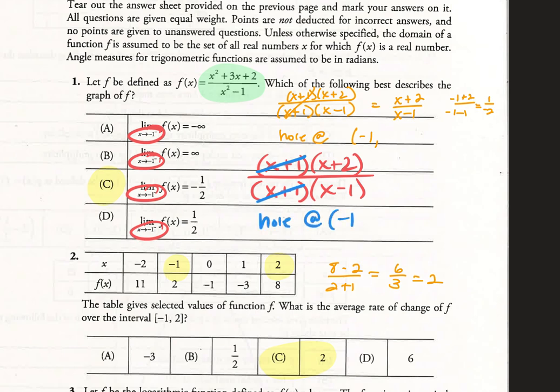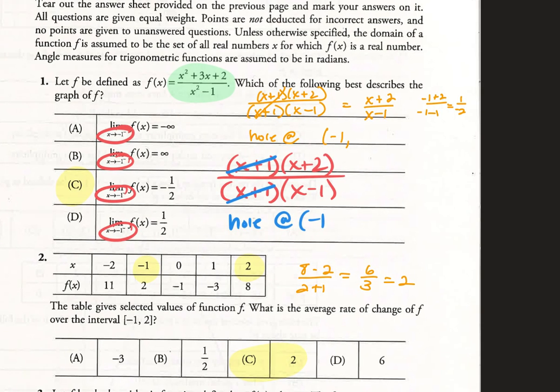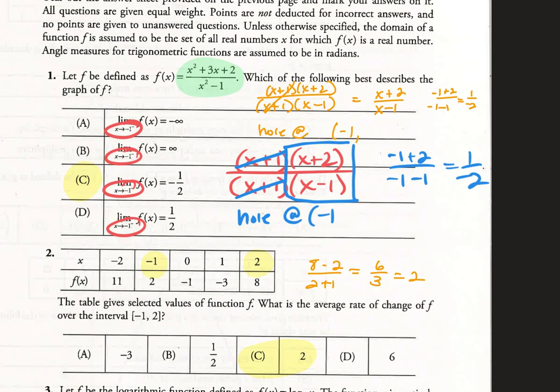Now, if you look at your answers, that makes sense. This is all asking what happens at negative 1 as it comes from the left. But it would be the same answer if it was coming from the right, too, because that's how a hole works. So now I have to take that negative 1 and plug it back into my updated function. So negative 1 plus 2 over negative 1 minus 1 is 1 over negative 2. So from both directions, it would be approaching negative 1/2.